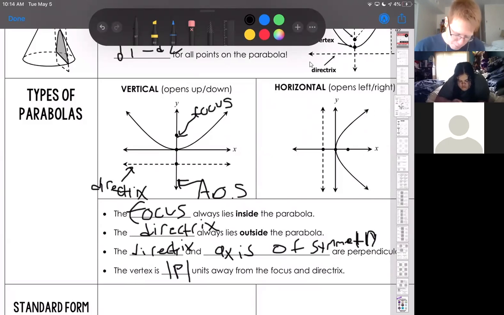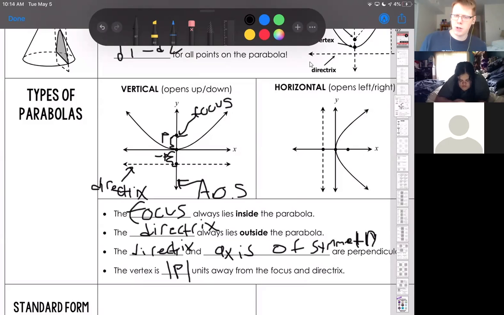When we find our p-value, what the p-value tells you, when we're graphing, is the distance from your vertex to your focus point, and it's also the distance to get your directrix line. So when we're graphing today, we're going to be finding a p-value, and that's going to help us get our focus point and this directrix line.